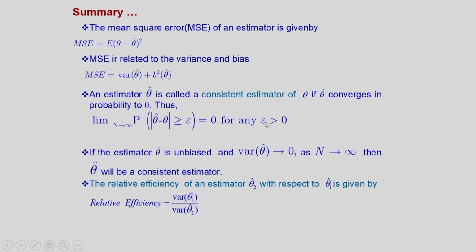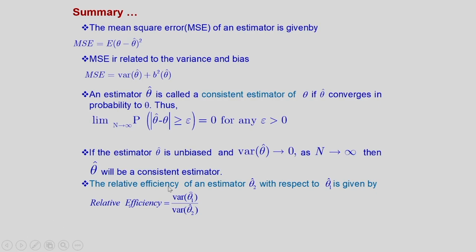So, if the probability of this deviation goes down to 0 as n tends to infinity, then the estimator will be consistent. If the estimator theta hat is unbiased and variance of theta hat goes down to 0 as n tends to infinity, then theta hat will be a consistent estimator. This is a test for the consistency of an unbiased estimator. Variance of theta hat should go down to 0 as n tends to infinity.